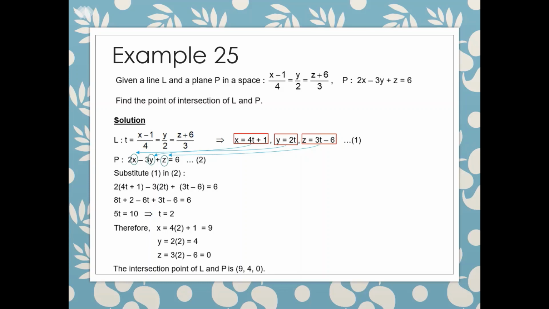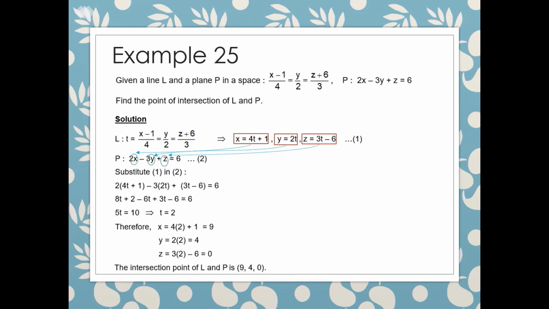Substitute the value of t back into the equation of line, you will obtain x equal to 9, y equal to 4, and z equal to 0. Combine these three values together, you will get (9, 4, 0) as the intersection point of the line and the plane. If, let's say, the parameter t is undefined, we can conclude that the line and the plane do not intersect, meaning there is no intersection point.